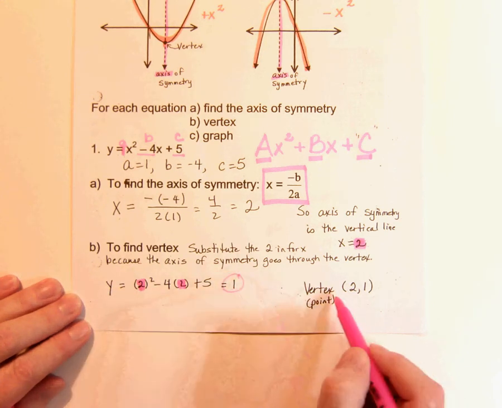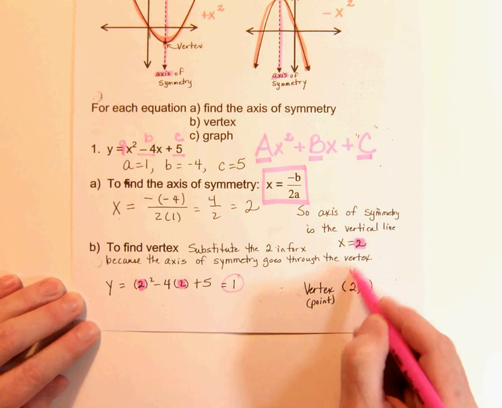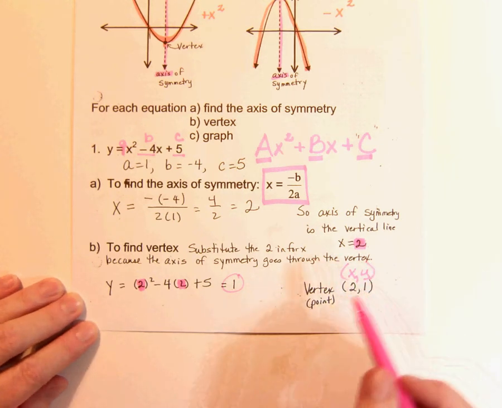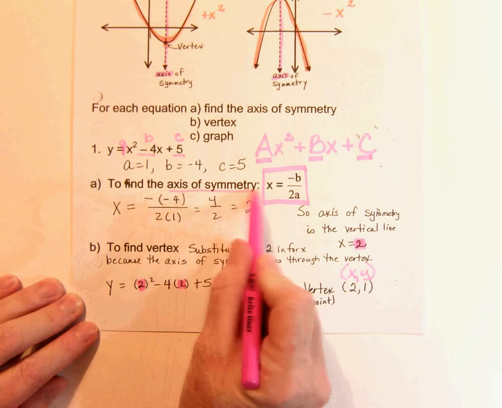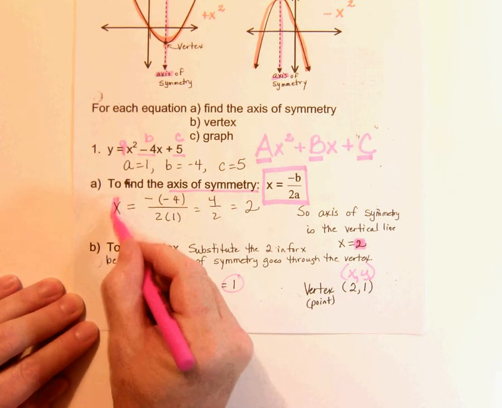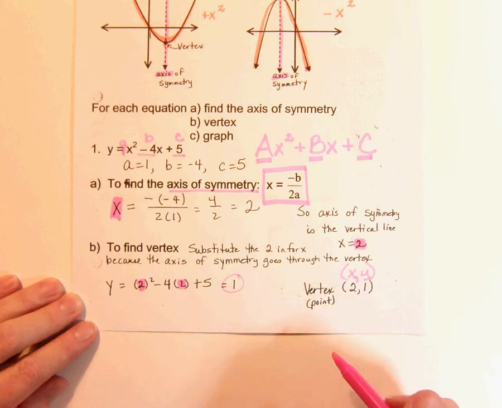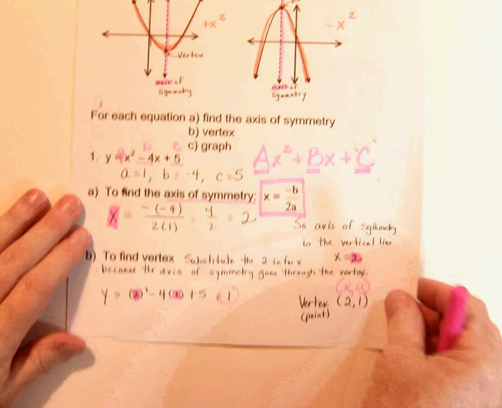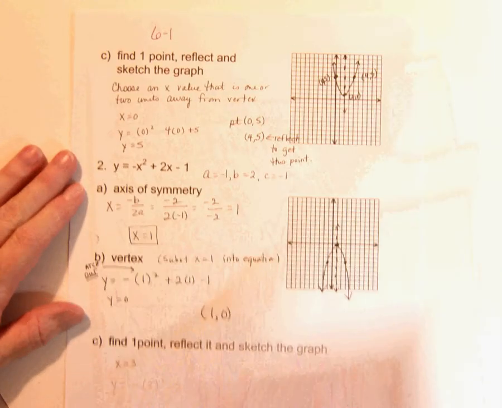So a vertex point is always your x, y. I try to let my kids know that the axis of symmetry is just the x of your vertex point. But we're going to do some other examples and get a better understanding of this graphing.